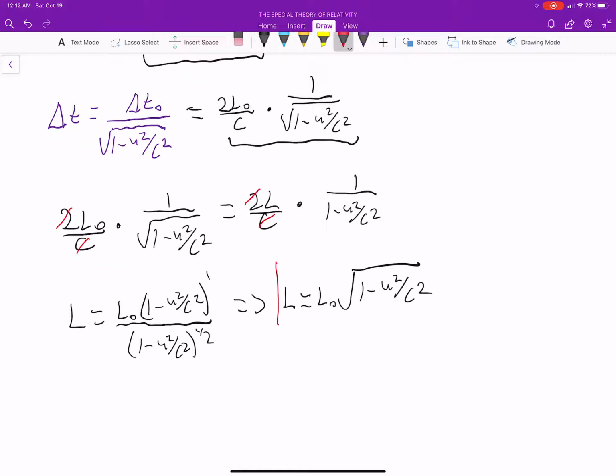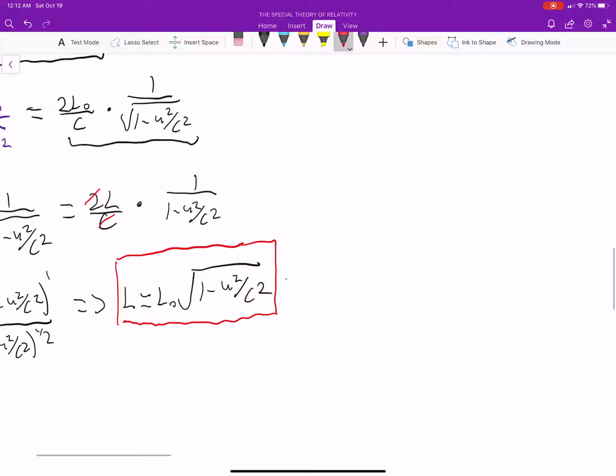And here we go. This is our length contraction. I don't know why that's so far away from the word length. There we go. That's length contraction.